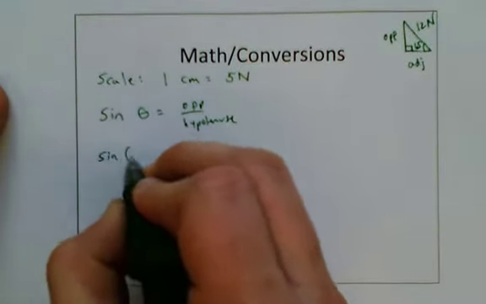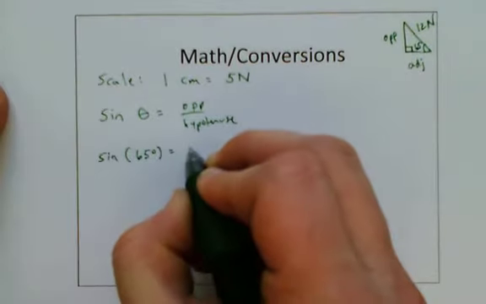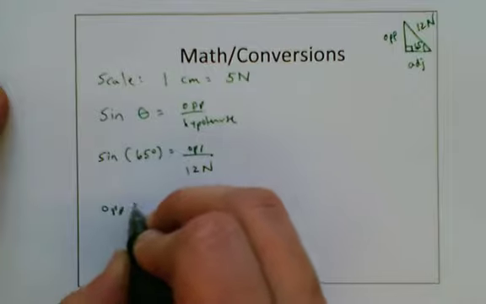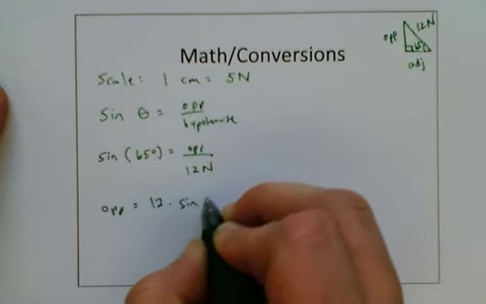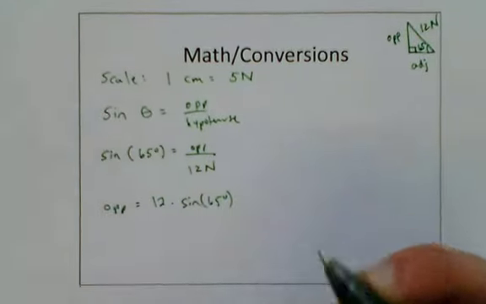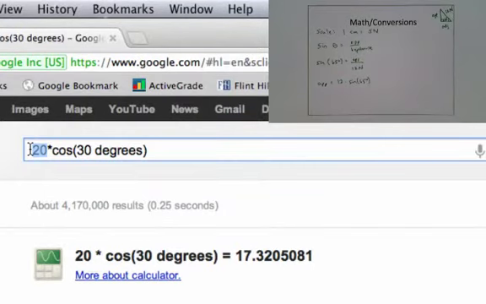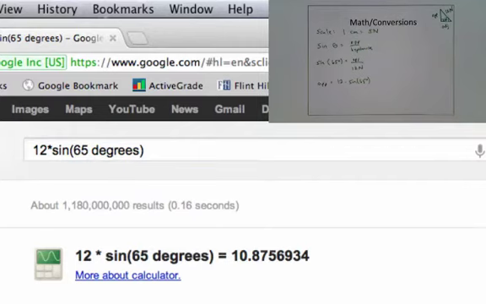So sine of 65 degrees equals opposite over 12 newtons. So the opposite equals 12 times sine of 65. Again, we can plug that right in. And we get 10.88 newtons.